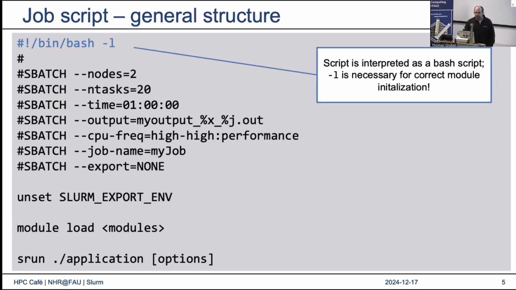Yeah, and then there come the resource specifications, and then our script. I just go through the same script now line by, or almost line by line, to see what we see here. So -l, very important.